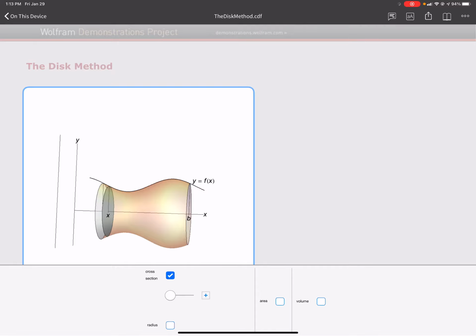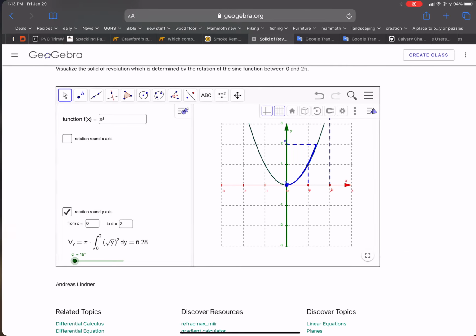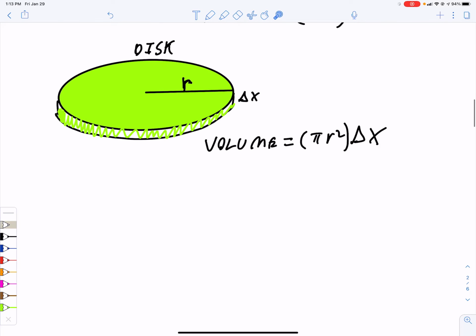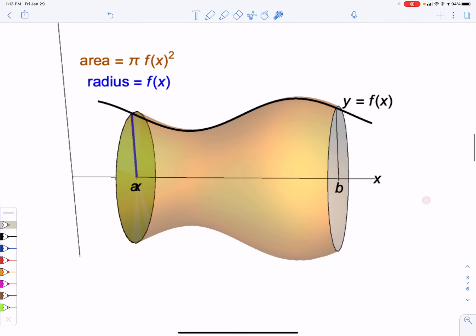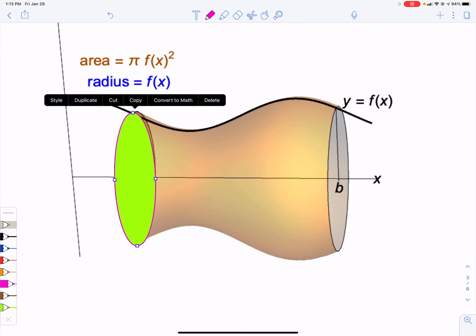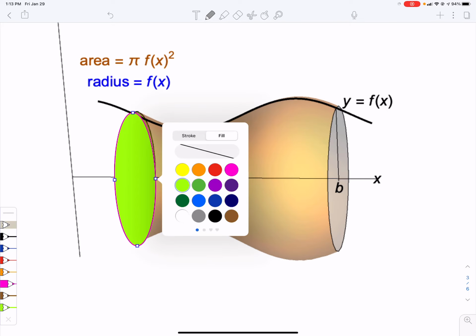So let me go back to this. Here is the one we just did. So remember, you have a bunch of disks. Do I like that fill color? Let me change that. The fill should be a gold.